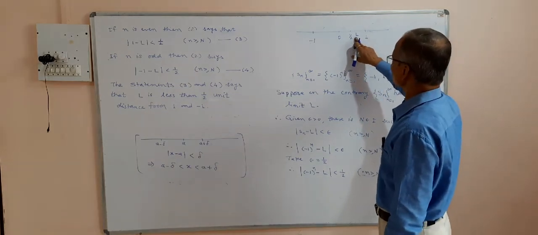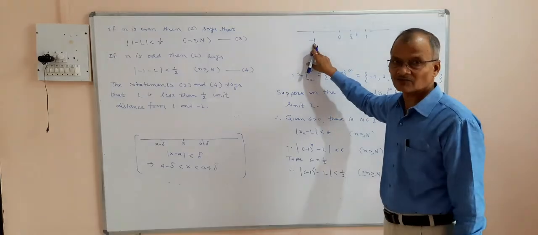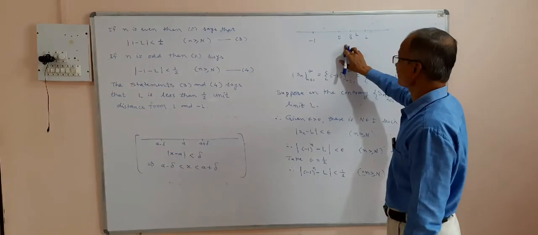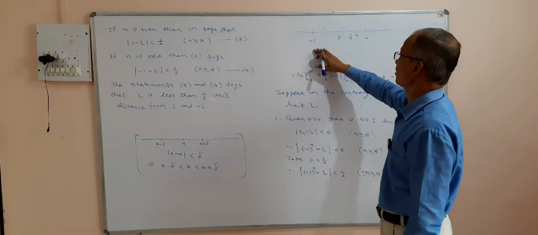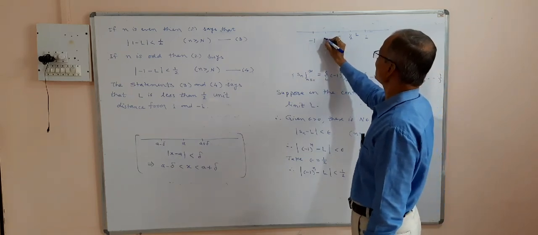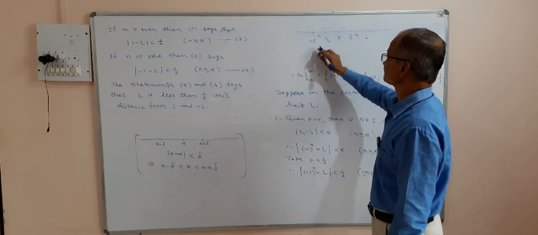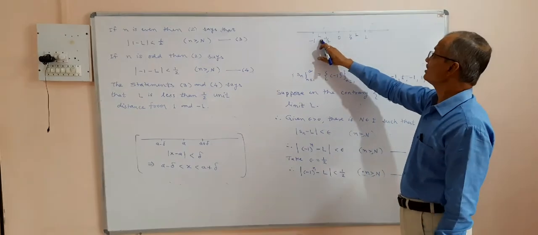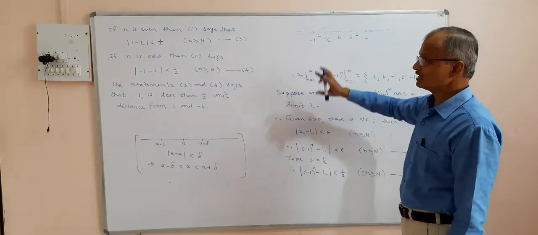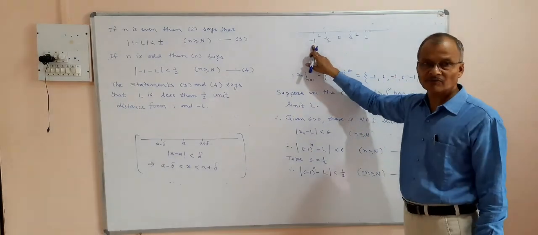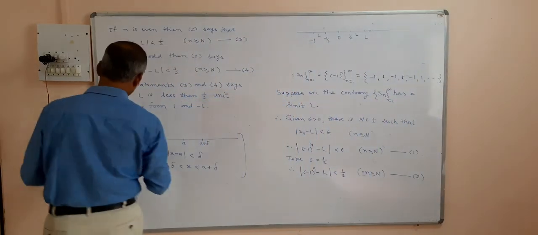But in that case, L will be far away from -1 and will not be less than half unit distance from -1. So this is a contradiction. Or if L is within half unit distance from -1, then L will be in this interval, and then L will not be less than half unit distance from 1. This is a contradiction because the distance between -1 and 1 is actually 2.